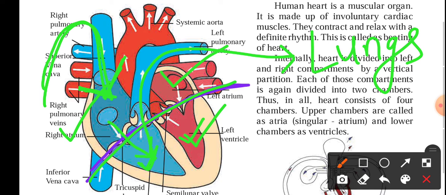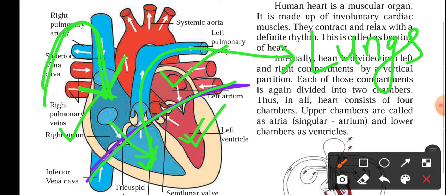The purification of the blood is also important. That we have already studied in the first video of this chapter, where we studied the lungs. So deoxygenated blood means blood in which the level of oxygen is the least, or the waste gases, like carbon dioxide, are at the maximum.